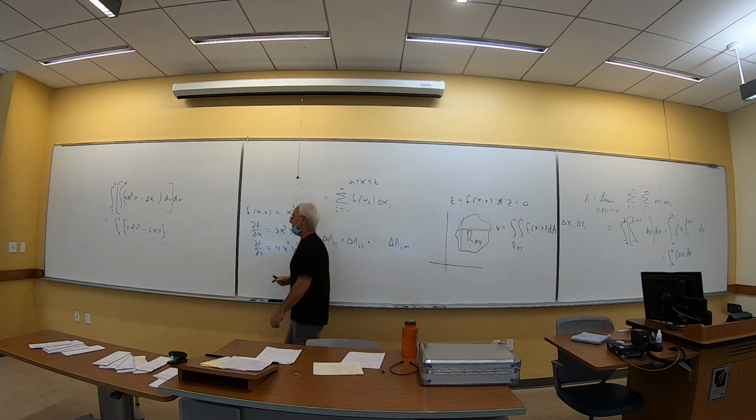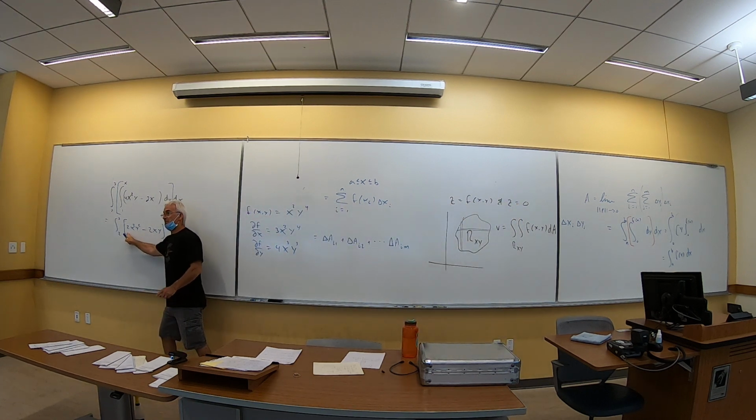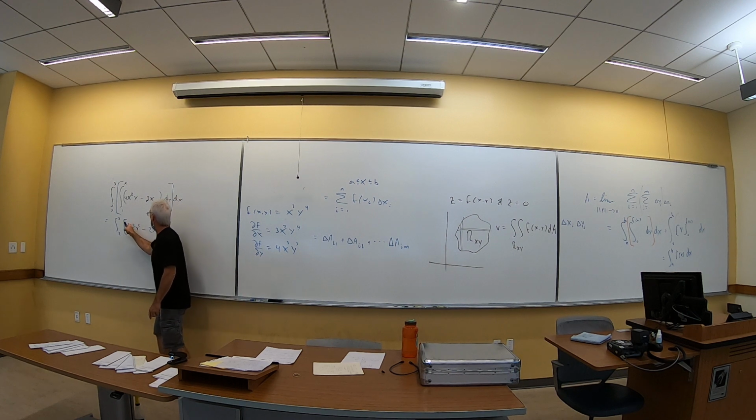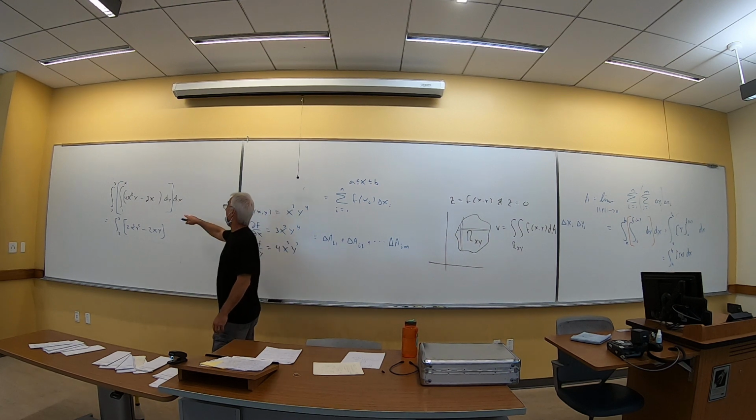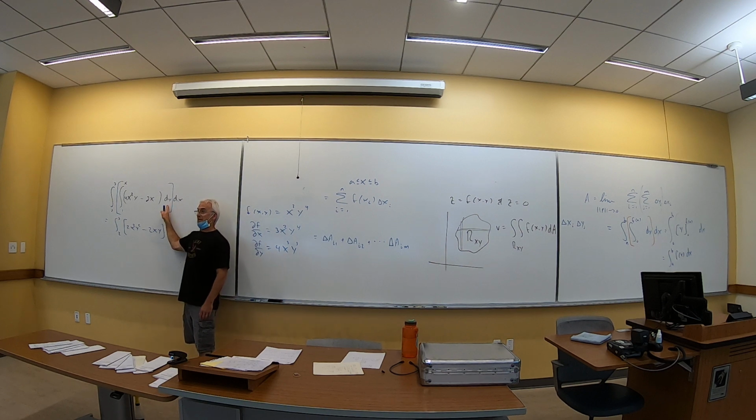So how do I know if I did this correctly? Differentiate this with respect to y, because that's what you integrated with respect to. Let me do the partial with respect to y. Why do you use the ordinary differentials for the dy dx? Because you're only integrating one thing at a time.